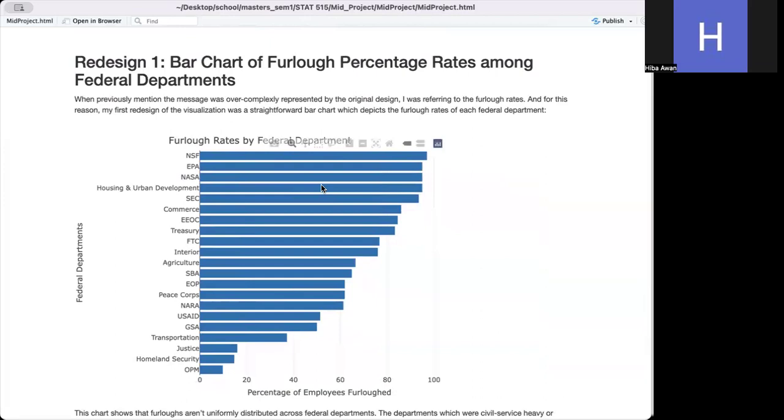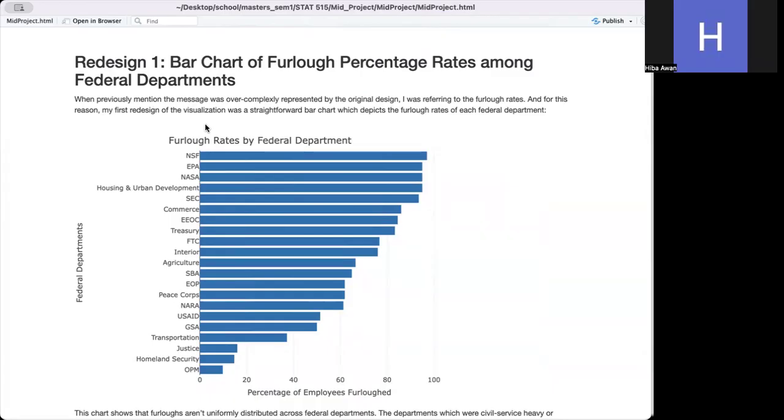So my first visualization redesign was a bar chart, and it focuses on the furlough rates only, because I really feel that the main point of the original visualization was to show how bad the furlough rates were within all the departments. So I decided to focus on only that variable within the first visualization.